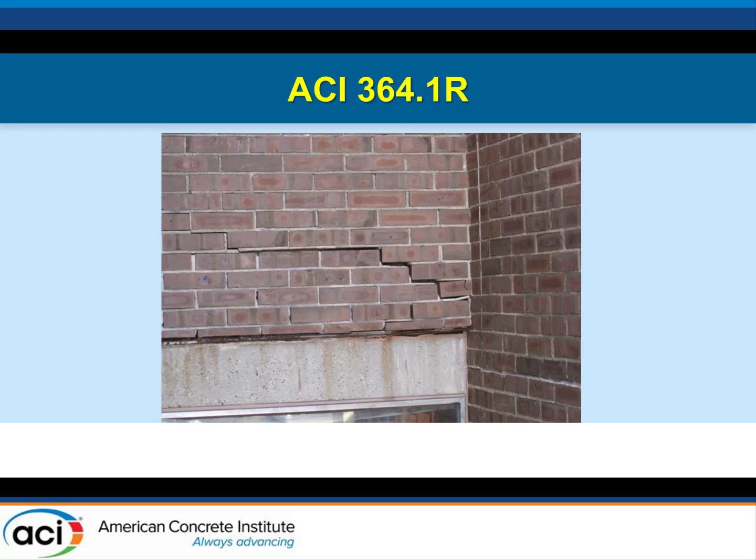What's really happening here is, it's hard to see in the photo, but the brick masonry on the right-hand side of that photo is a stack of brick that's 100 feet tall. It's expanded and moved upward, whereas the brick on the left is only maybe 2 stories. So it's the expansion of the brick on the right-hand side that's dragging the rest of the brick up with it. Right? Again, it's easy to misdiagnose that. You look at that at first pass and say, oh, that concrete beam's deflecting.